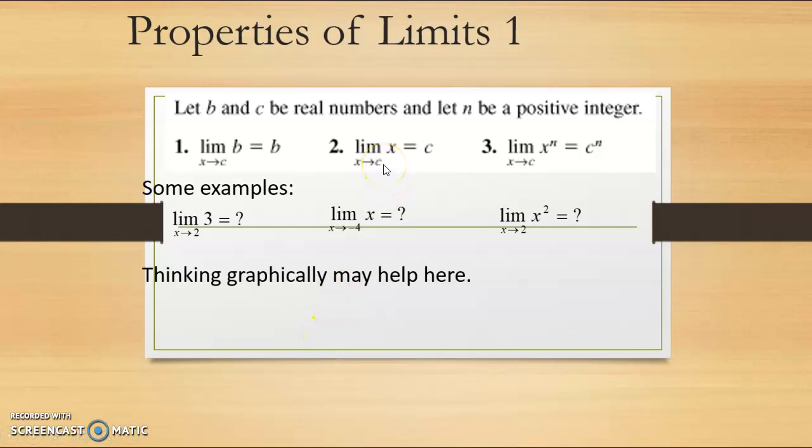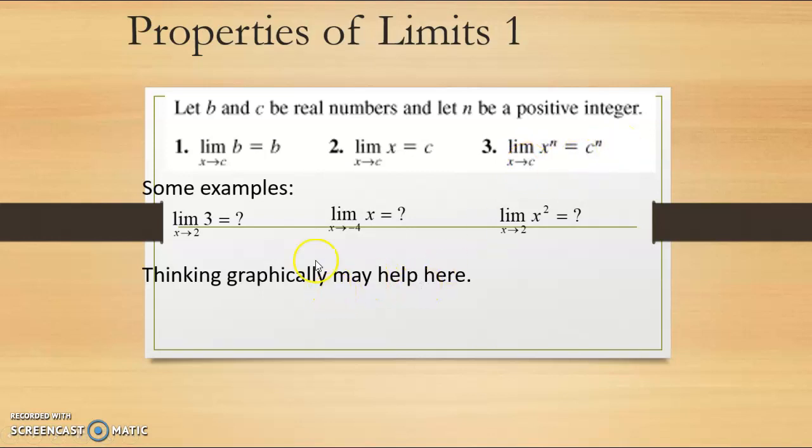If we want the limit of just x as x goes to a constant value c, the answer is always that particular value c. A power function is always a continuous function, so we can apply direct substitution: the limit of x to the power of n, as x goes to c, equals c to the power of n.